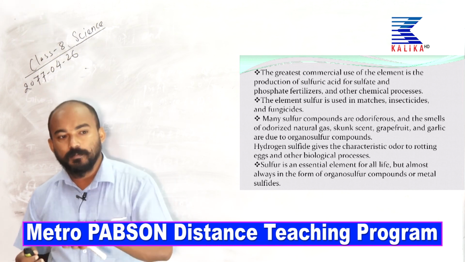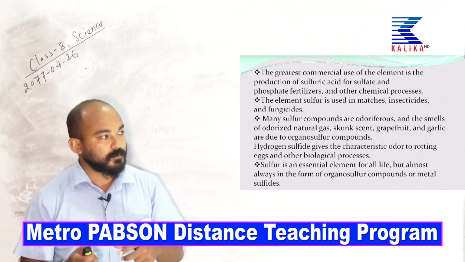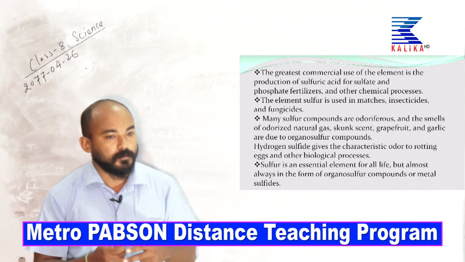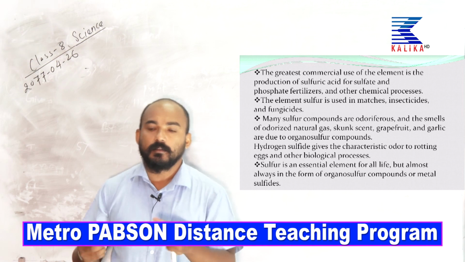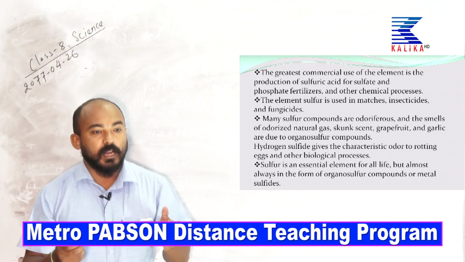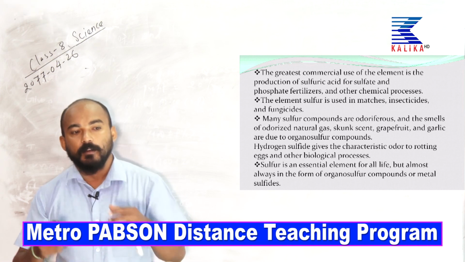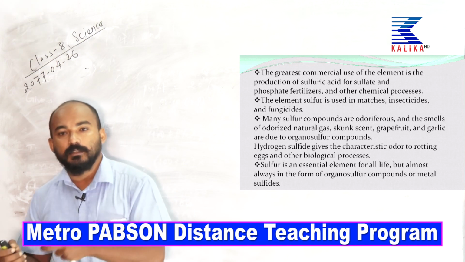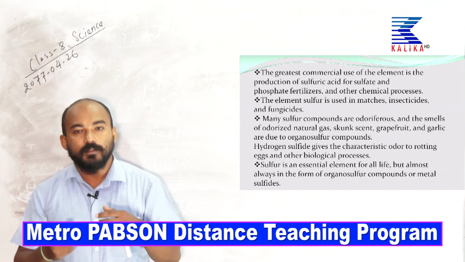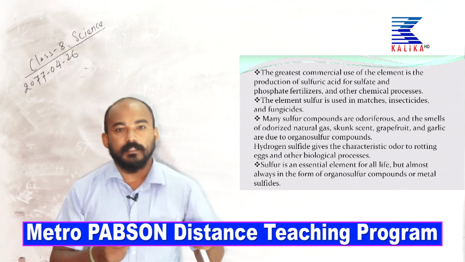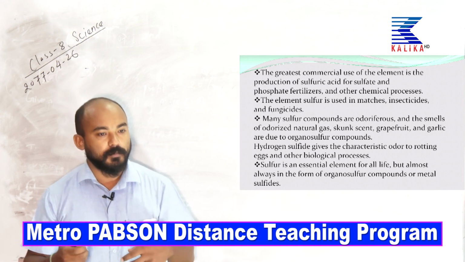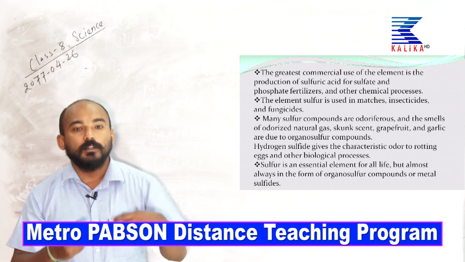Similarly, there are some exceptions like carbon. The allotropes of carbon are the crystalline form, diamond, and the amorphous form, graphite. These are two different forms of a non-metal.